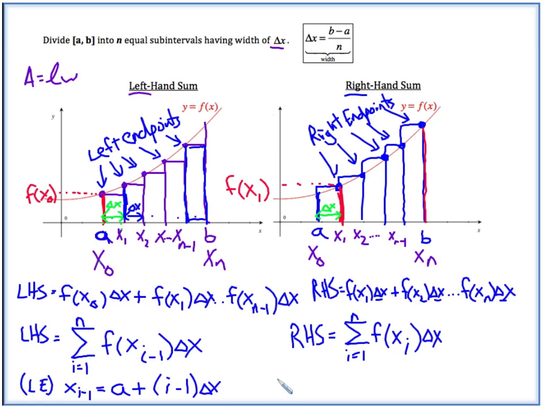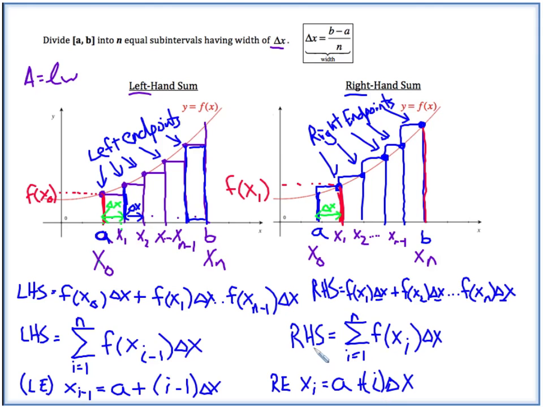Now, if we're looking for the right endpoints, and we need those x values of the right endpoints, which are x sub i, now it's just going to be a, or our starting value of the interval, plus i times delta x. So before it was i minus 1, now it's just going to be i.